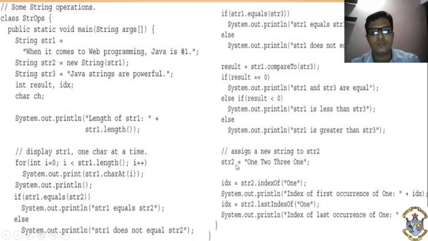So here two 1s exist, then what is the purpose of indexOf? It starts searching. So what is the location of 1? It is 1. So in idx it will store 1 and it will display the first occurrence. And idx = str2.lastIndexOf(1), and I am identifying the last index value: 0 1 2 3 4 5 6 7 8 9 10 11 12 13 14, maybe 14.